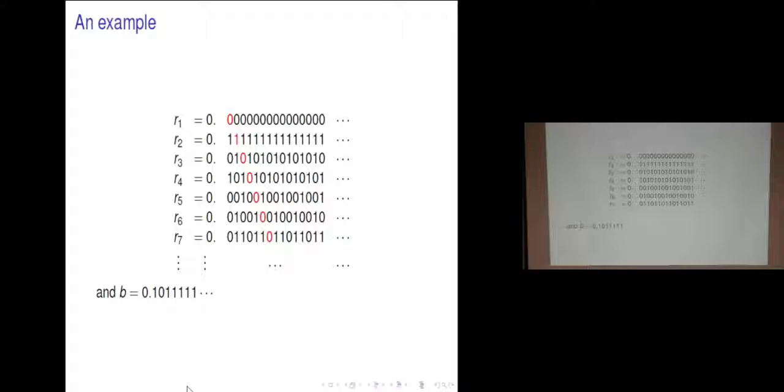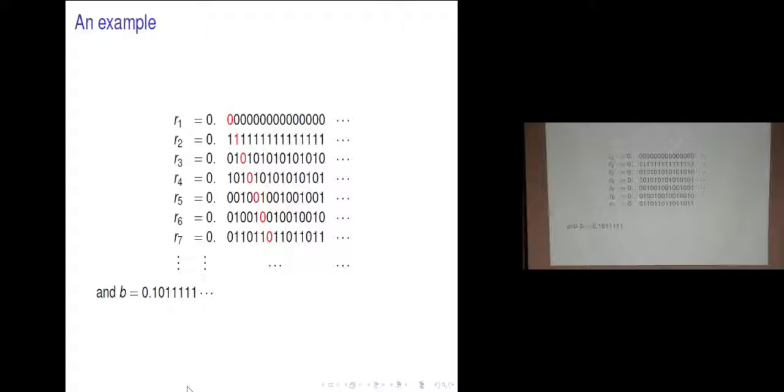So this is just an example. Suppose your R1 is this, R2 is that, R3 something like this, R4 like this, R5. I also use binary for simplicity. So you have your possible list of all real numbers inside the interval 0, 1.